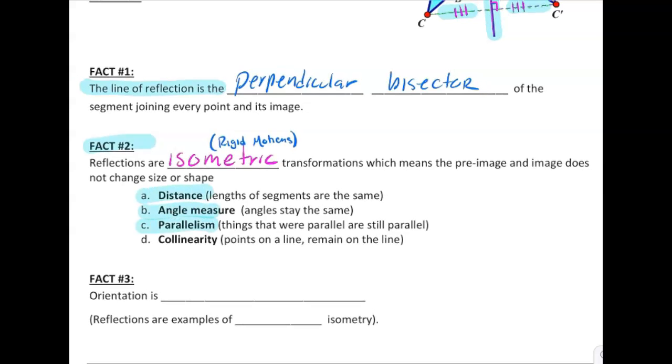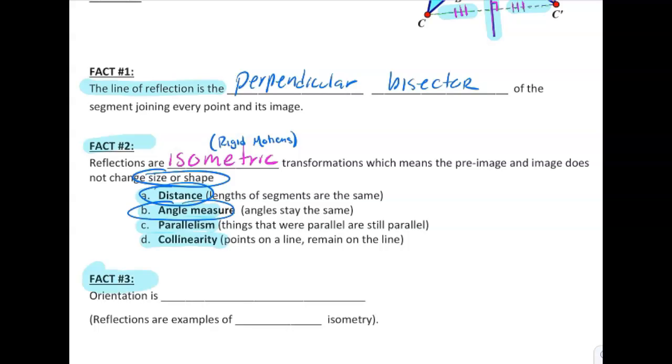Things that were parallel before are still going to be parallel later. Collinearity just means things that were all on one line before are going to remain all on one line. Lines don't bend. But the most important pieces there, distance and angle measure, size and shape, are the same.